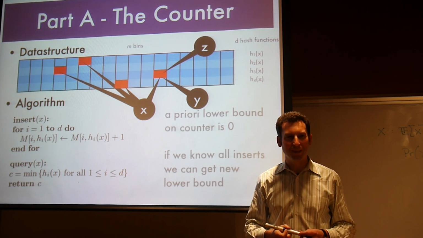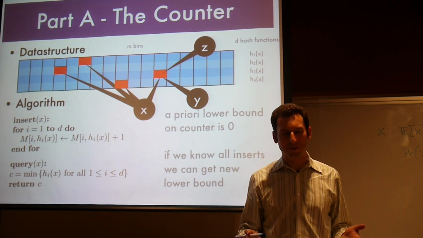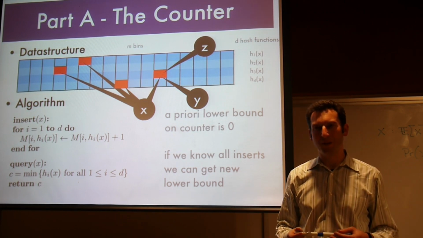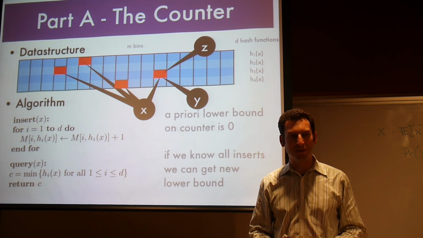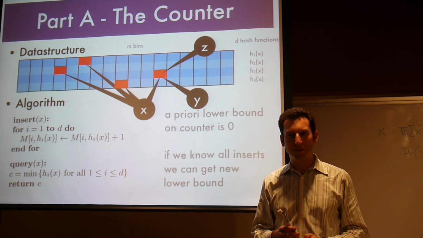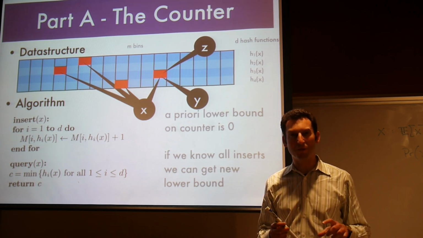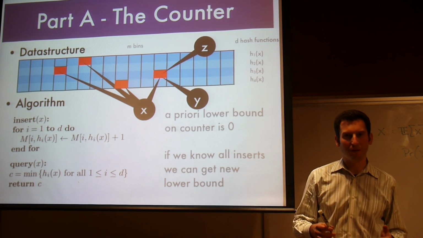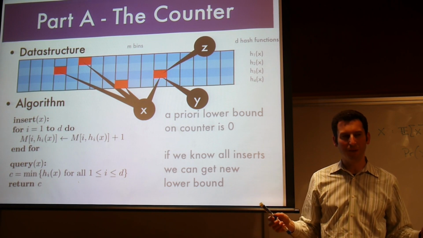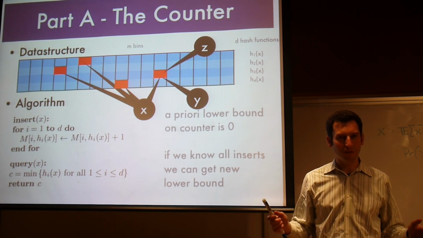So at some point, I have a list of all the things that I could insert. For instance, with IP numbers, that's very straightforward, and that's actually the application scenario that they looked at. They basically looked at switches which have very little memory, but on an IPv4 network, you have only 2 to the 32 different IP numbers, so I know what my range of inserts is.